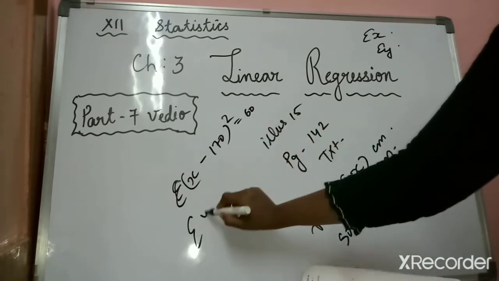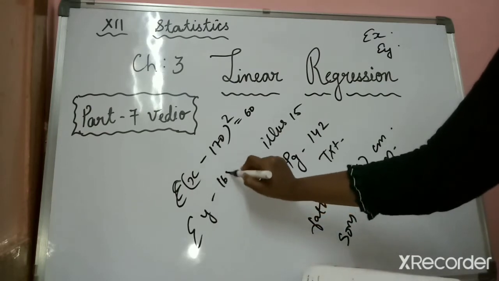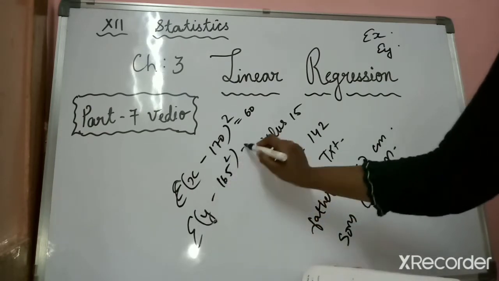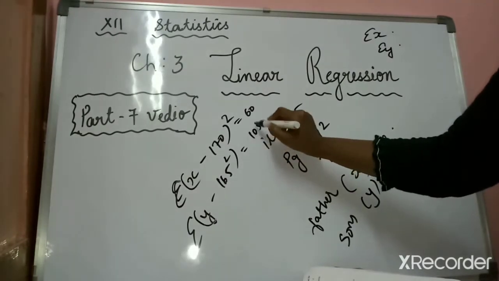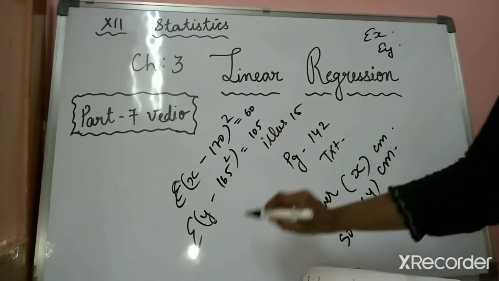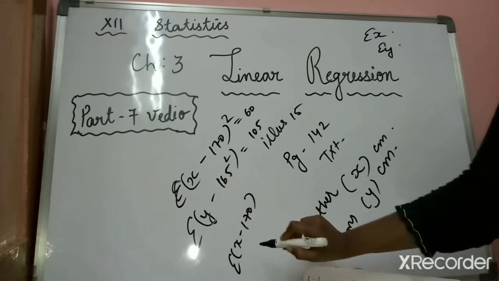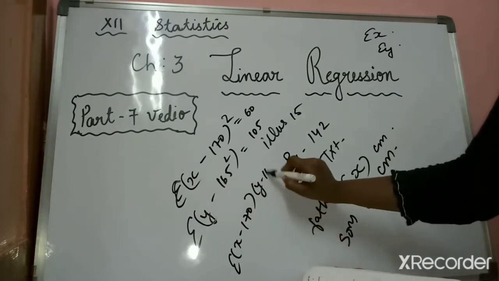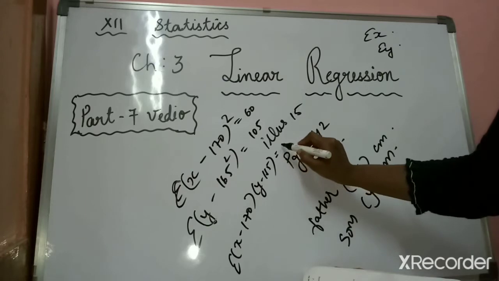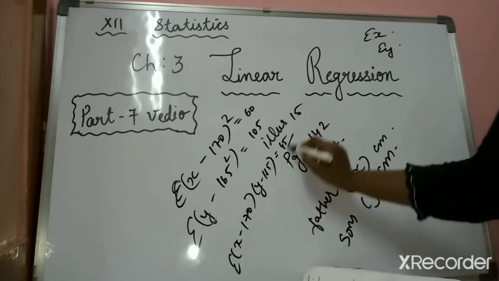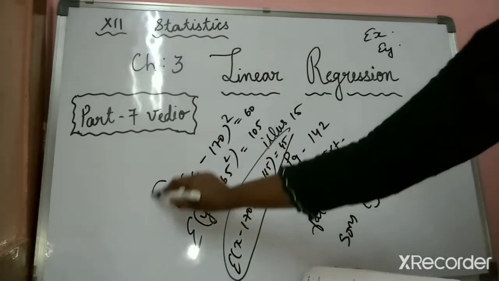Clear? Then sigma (y minus 165) the whole square is equal to 105. This much data has been given to you. Then again sigma (x minus 170) into (y minus 165) is equal to 45. Clear? So this data has been given to you.